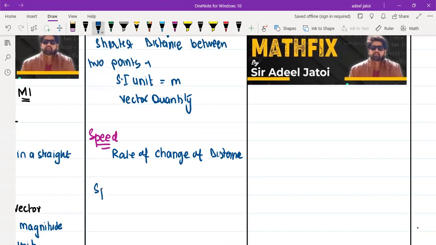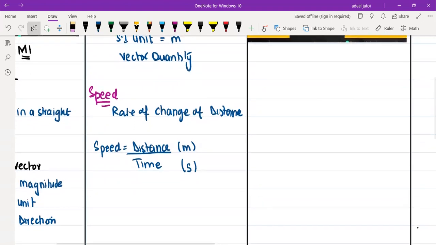Speed is distance upon time. The SI unit of distance is m. The SI unit of time will be taken as what? s. So that means the SI unit here is ms to the power -1.